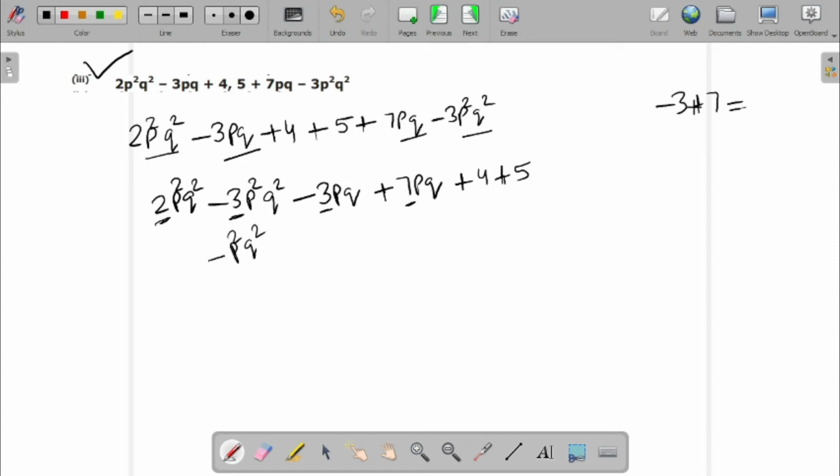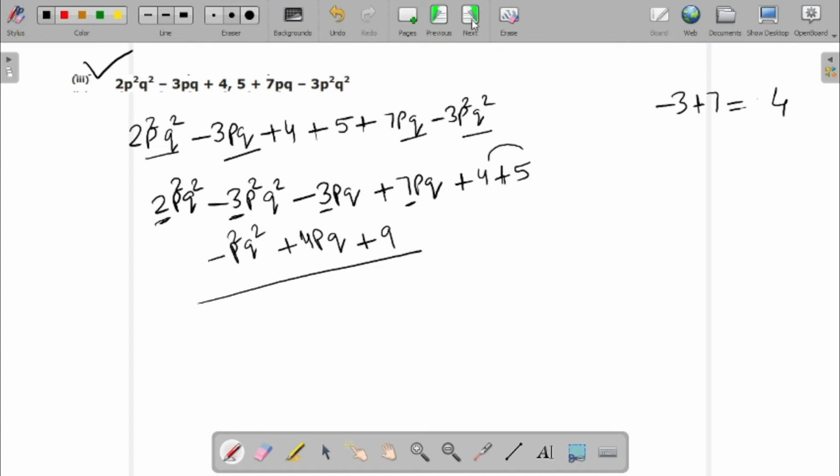So the answer is 4, with the sign of the greater number, plus 4. So we can write it here 4pq. What is 4 plus 5? 9. So we can write here 9. So this will be your answer in case of the third part.